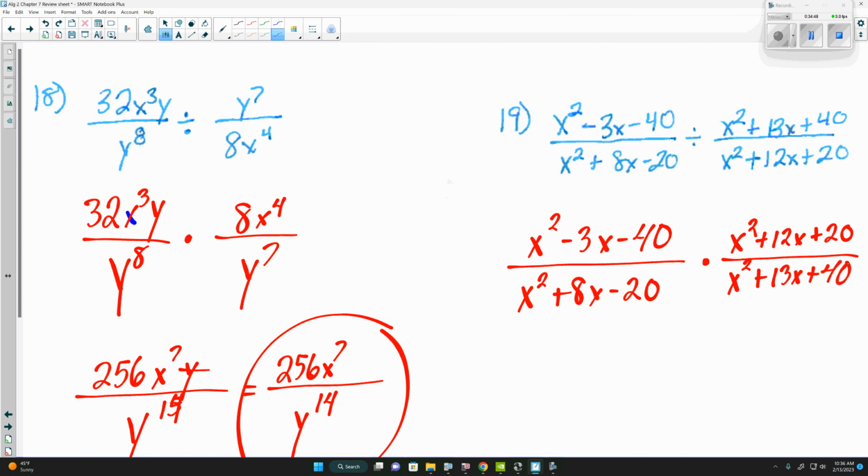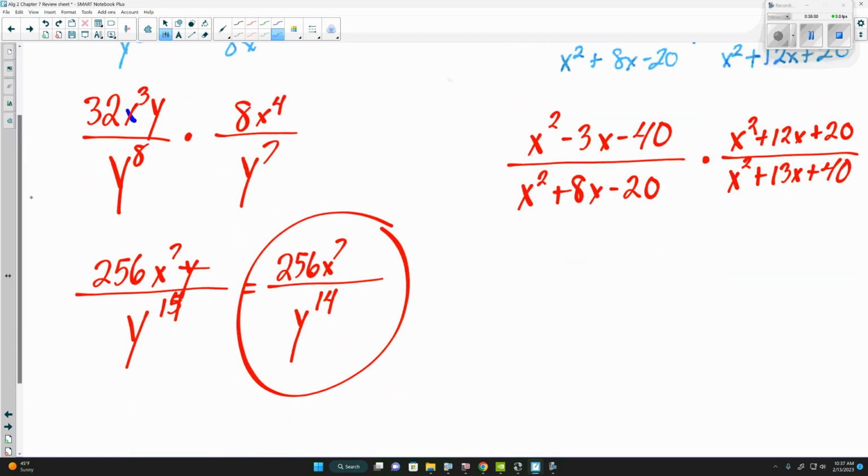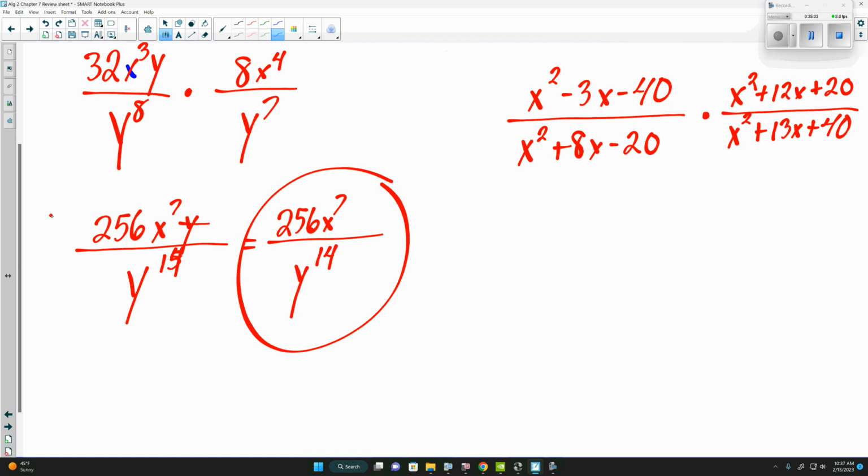Before you start multiplying or dividing or doing any factoring, go on and change it from division to multiplication. Keep, change, flip. Because after we do that, then we can factor.